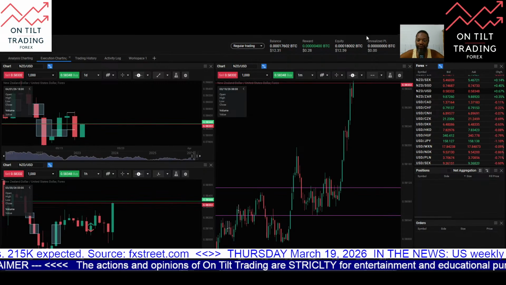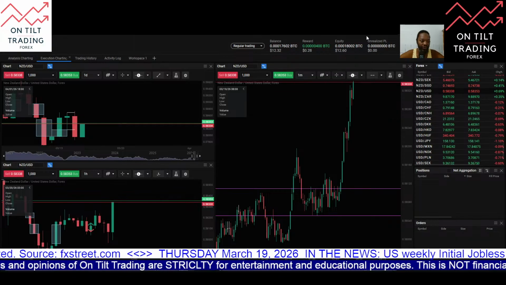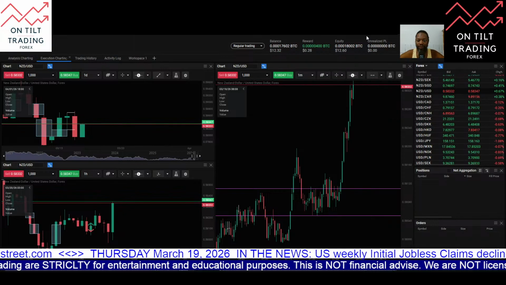And back to buy side. So price only pulling back to take the next leg higher.